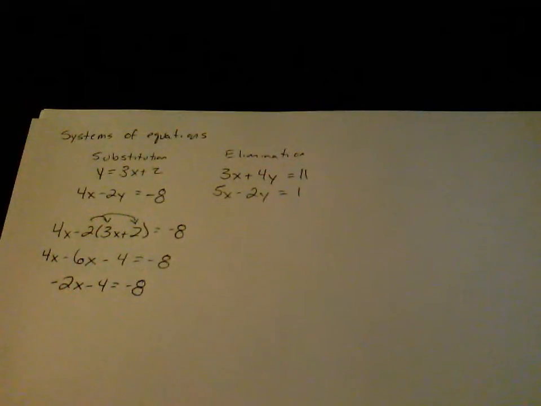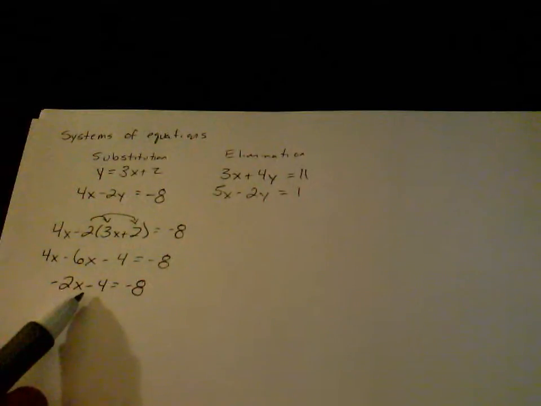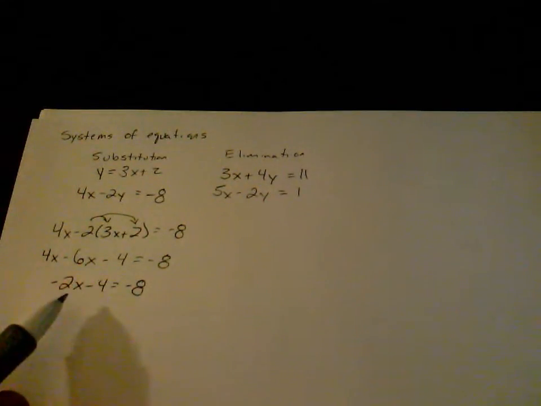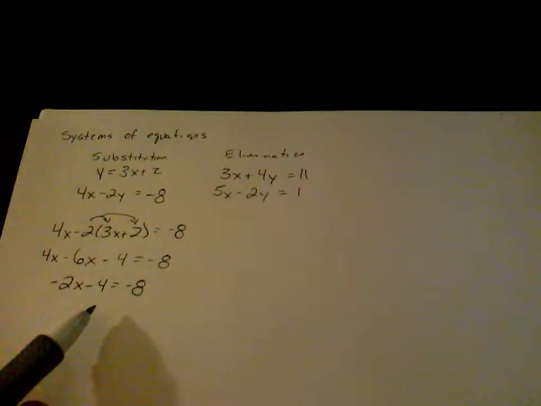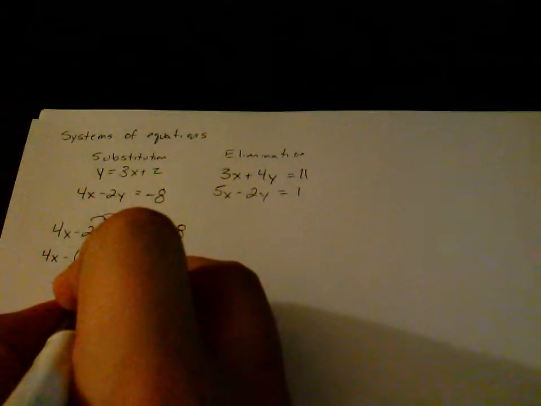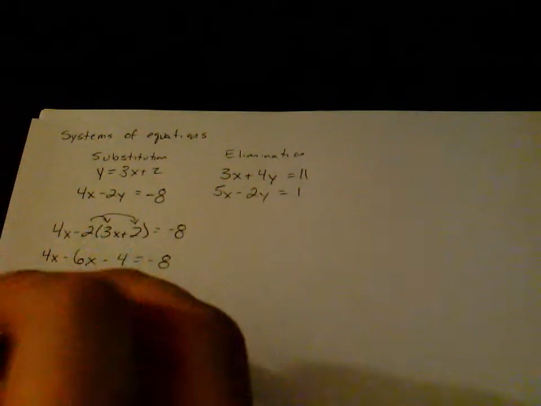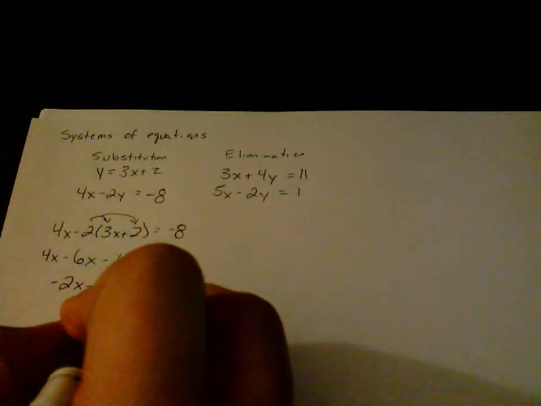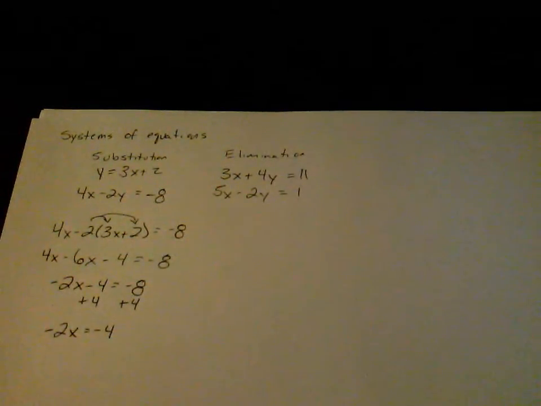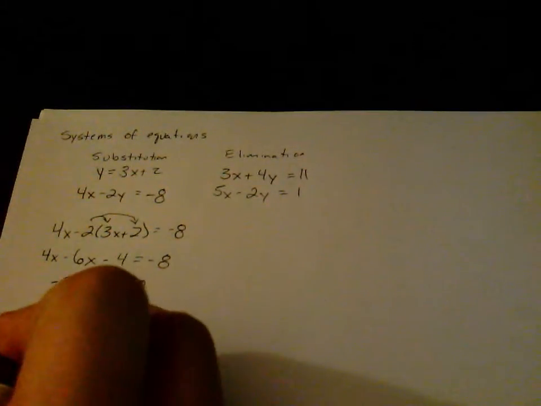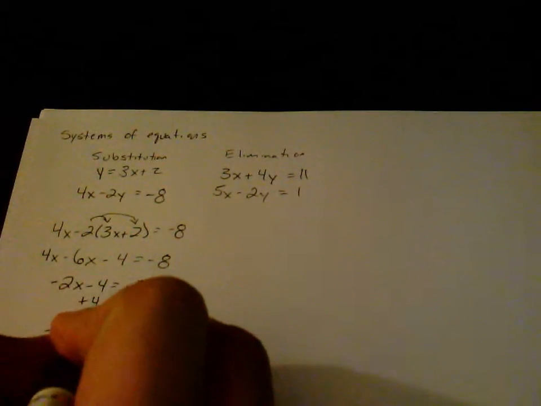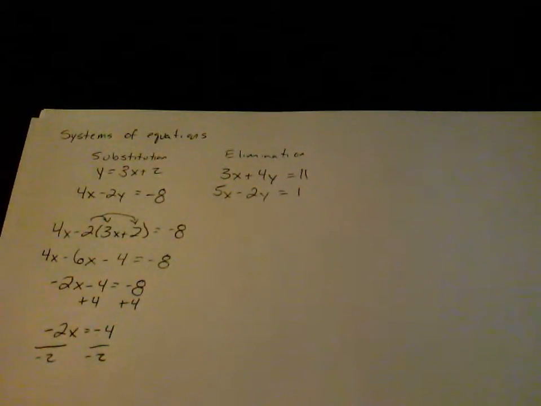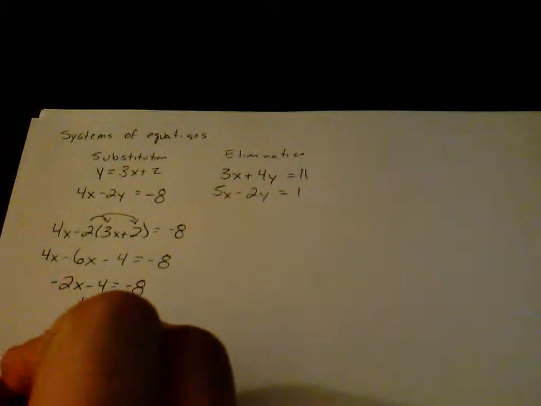The next step, since it's a two-step equation now, before we touch the x we had to get rid of the 4, so we add 4 to both sides. So you get negative 2x equals negative 4. Last but not least, we had to get x by itself, so we divide by negative 2. So x ends up being 2.